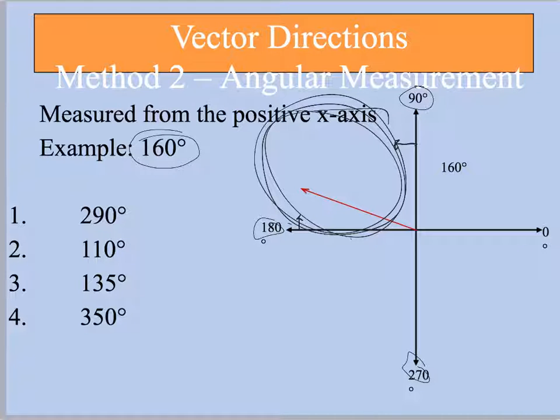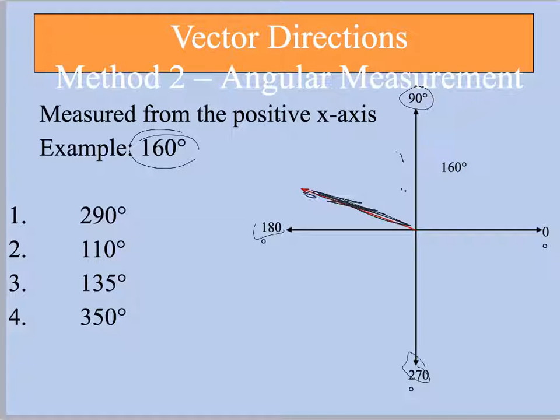And then we have to think about, as far as direction, how far before the 180 is it going to be? Well, what's the difference between 180 and 160? 20 degrees. So that's going to be a little bit above the 180, and 160 degrees would be this vector here.